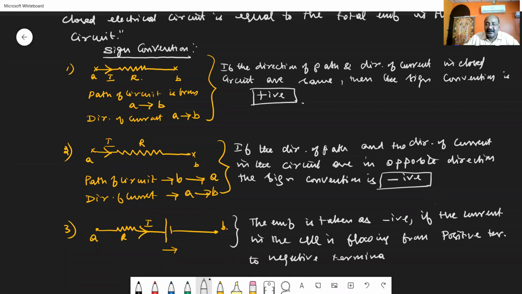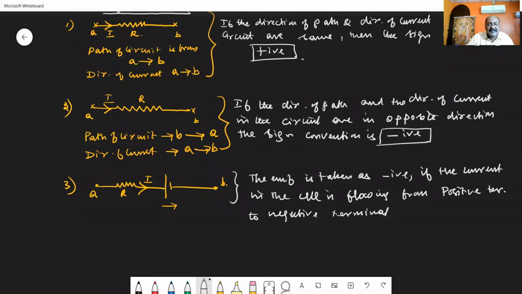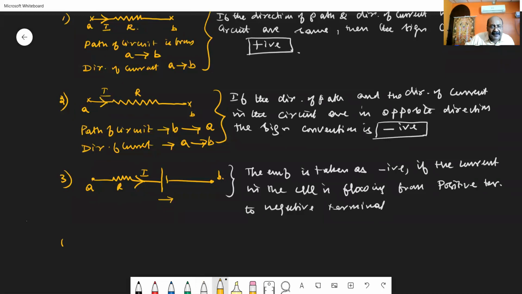Then the next one, you just take an opposite of this. You just consider the same diagram. A, I'm having a resistance R, then a battery, and B here.